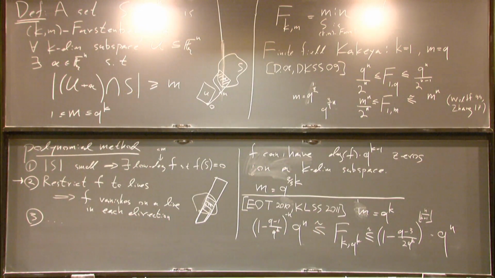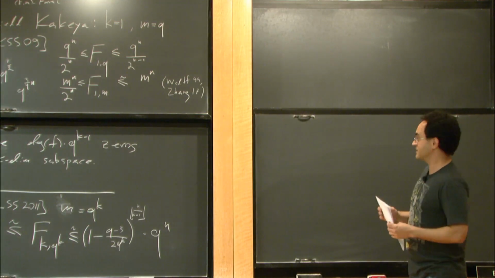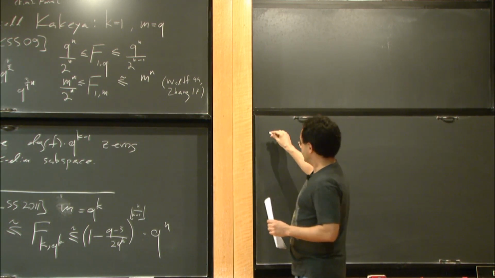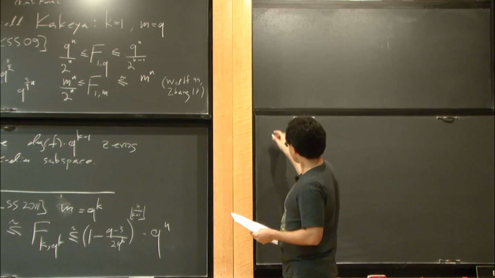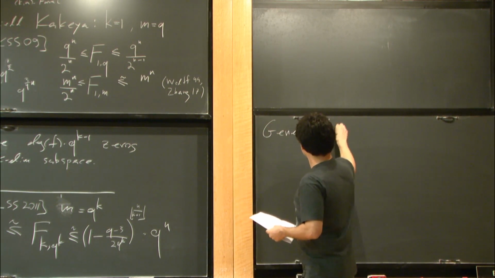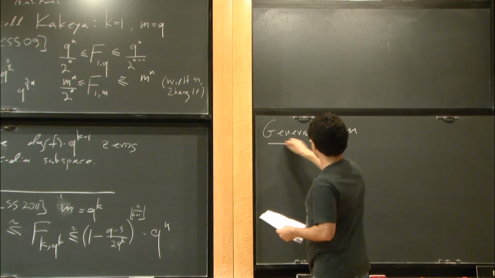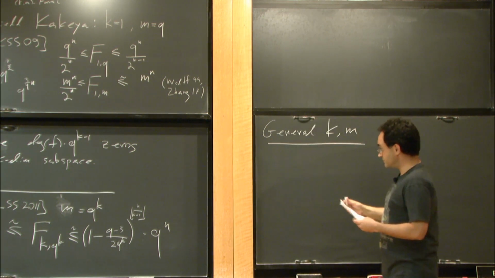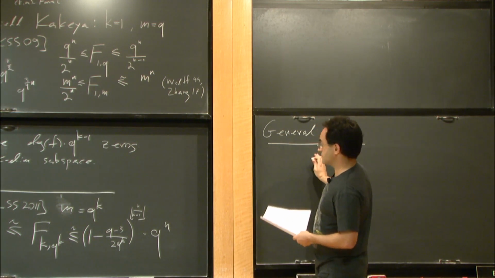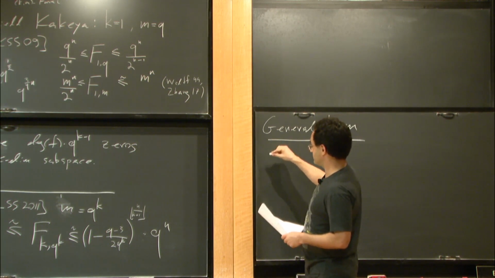All right, so now for the general case, and to try to answer Irit's question, what do you expect, or why should you get something? All right, so now general k and m. Let me say the result that was prior to this work.